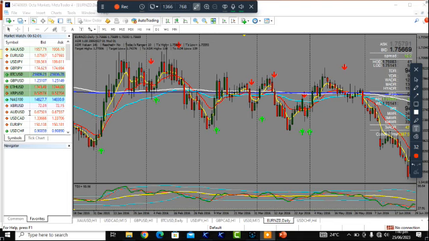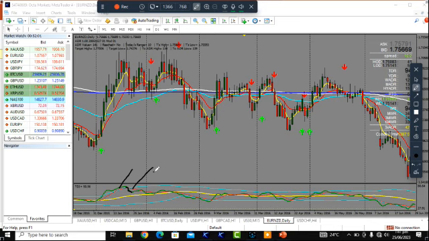Crossover simply means when the signal line, which is the green line, crosses over the price line or the price chart line, which is the red line. So when the green line crosses over the red line, it can signify that it is your entry position.